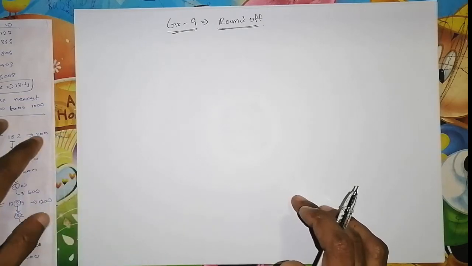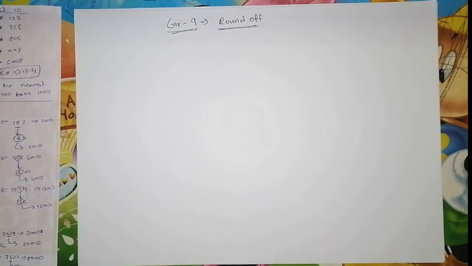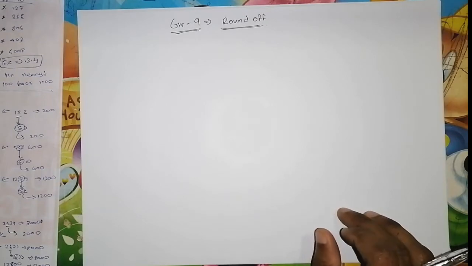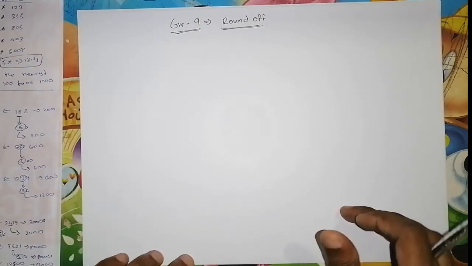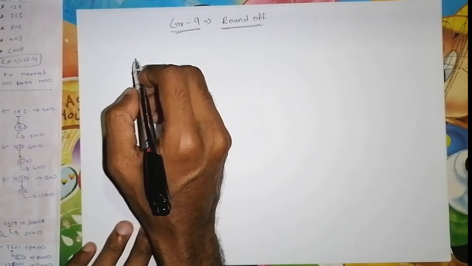Grade 9 boys, in the previous session we studied how to round off to the nearest 10. The next part of rounding off is rounding off to the nearest 100.